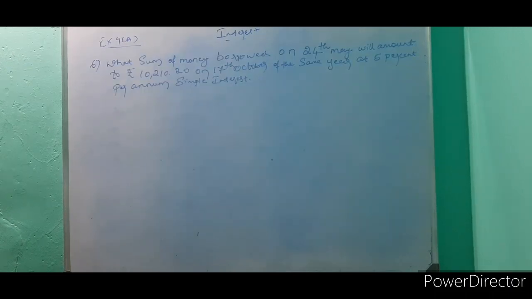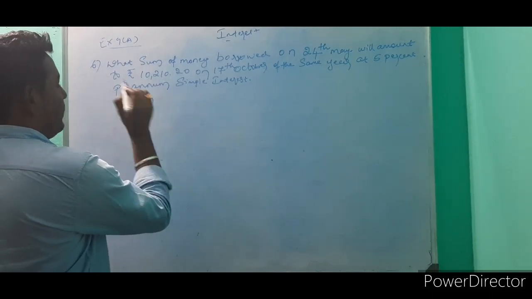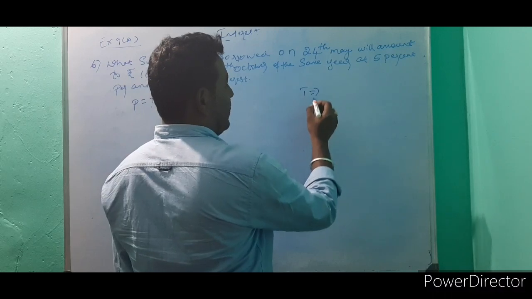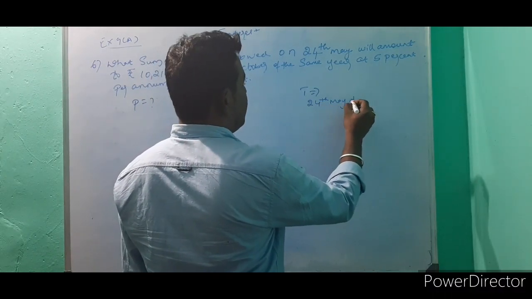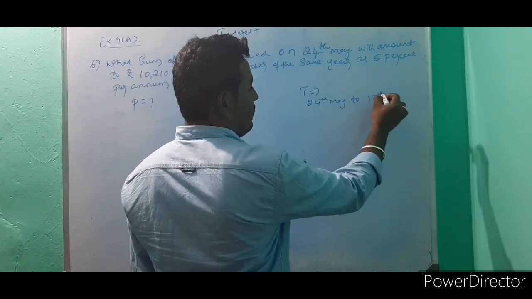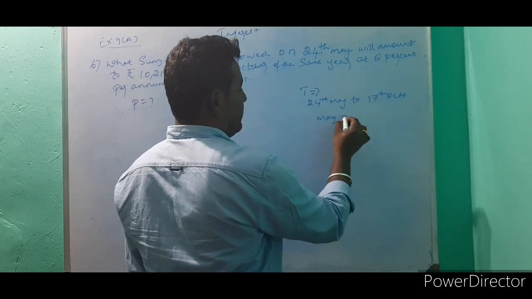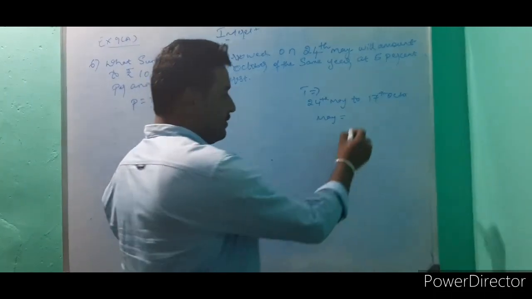Next problem: what sum of money is borrowed, so you have to find P. Here we have to calculate the time, from 24th May to 17th of October. If you calculate for May, 24th May means 7 days.